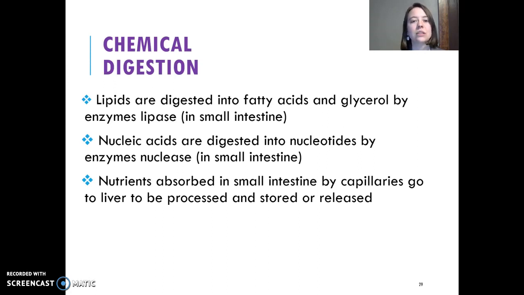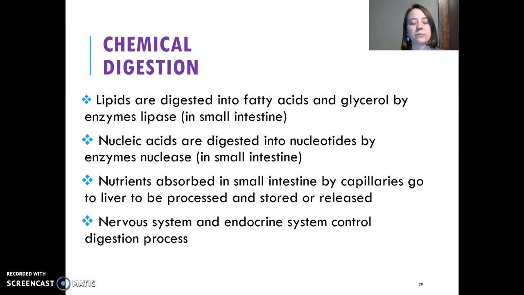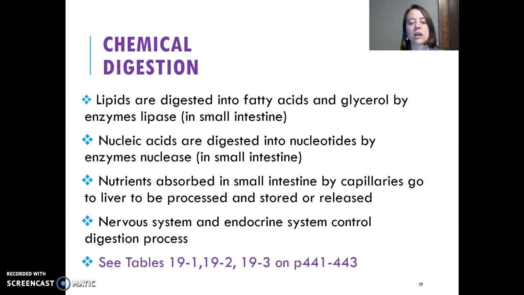Then they're going to go to the liver to be processed and stored, or processed and then released into the tissues to go where you need them. So the nervous system and your endocrine system are in control of the digestive process. And there is some interesting information in your book on pages 441 to 442, 443, and on those tables.